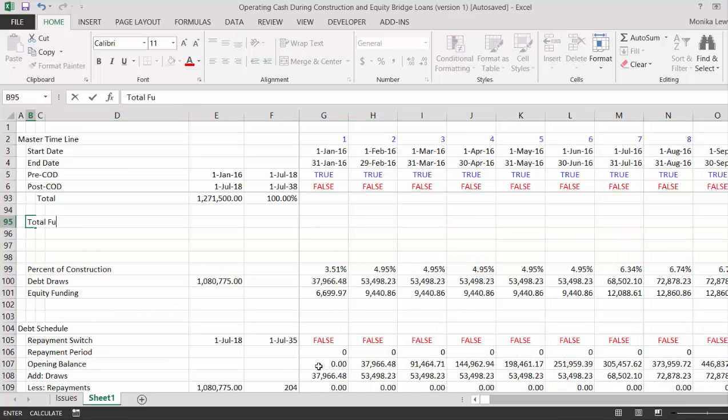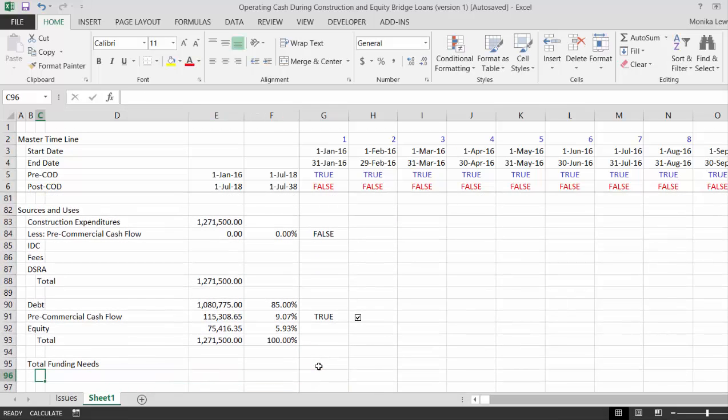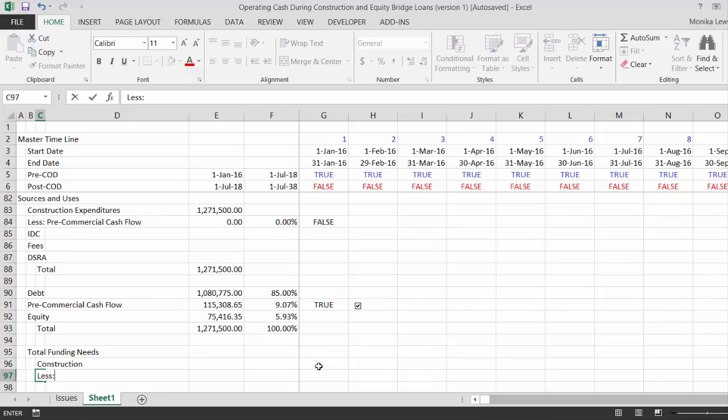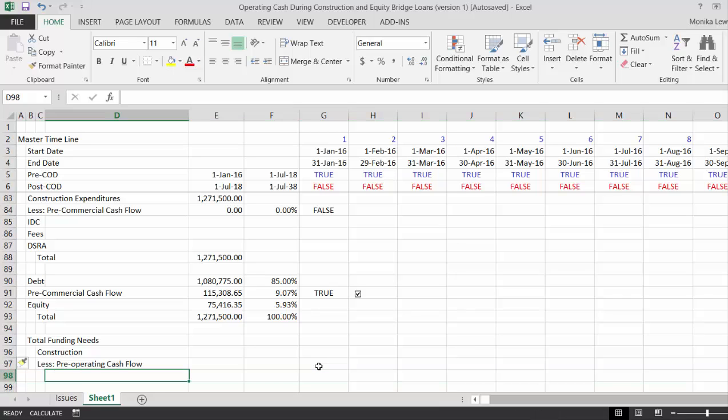Total funding needs, okay, and then we get the construction. Oops, let's put construction, and then we can put less than the, what did we call it? The pre-operating cash flow, and we can put our net funding needs.